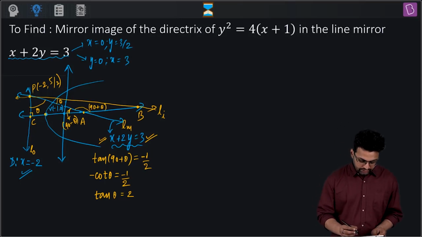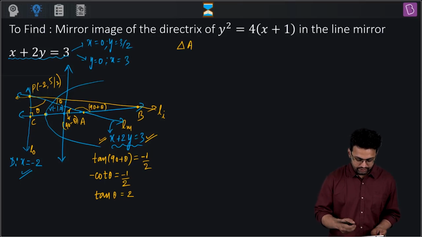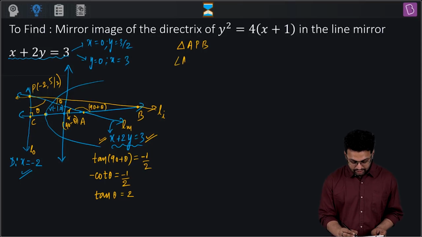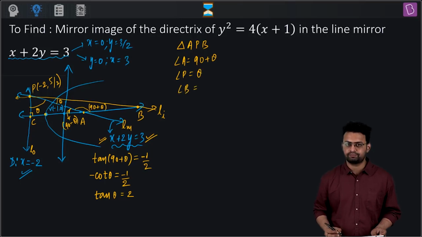Now consider triangle APB. Angle A is 90 plus theta. Angle P is theta. Can you tell me the value of angle B?